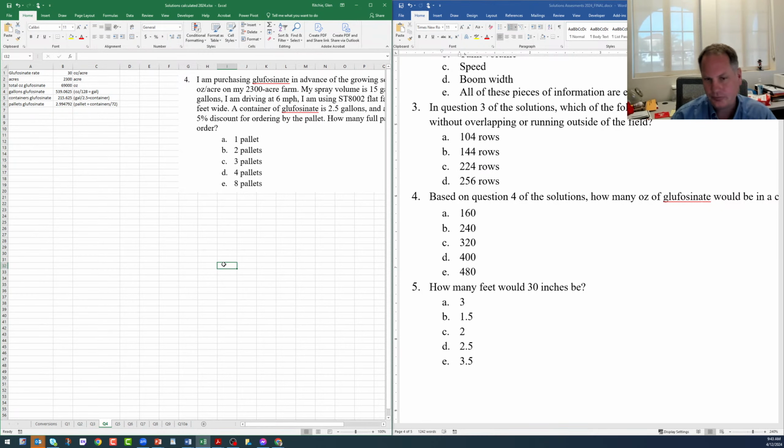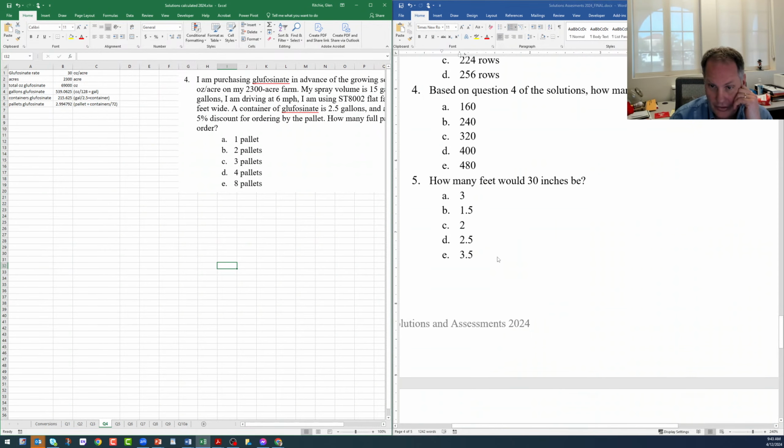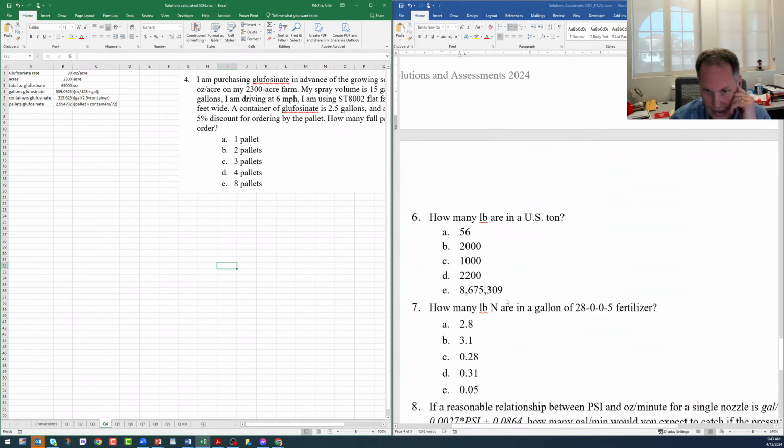Question 4, a container is 2.5 gallons, so 2.5 times 128 is 320 ounces per container, which is answer C. How many feet would 30 inches be? Well, 30 divided by 12 is 2.5. How many pounds are in a US ton? Well, that's given to you at the beginning.